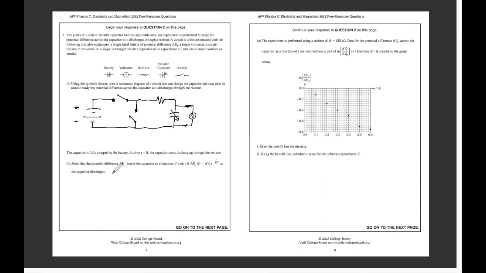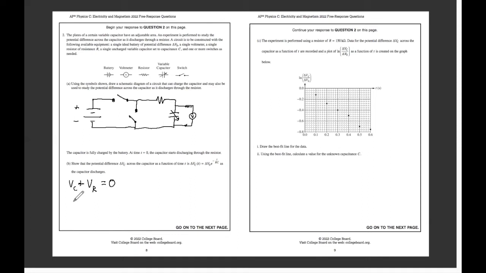Now for part B, we are asked to show the equation for the potential difference across the capacitor as it discharges. How do we get an exponential? We have to write and solve a differential equation. So when the capacitor is discharging, the voltage across the capacitor plus the voltage across the resistor should be equal to 0 by Kirchhoff's loop rule.